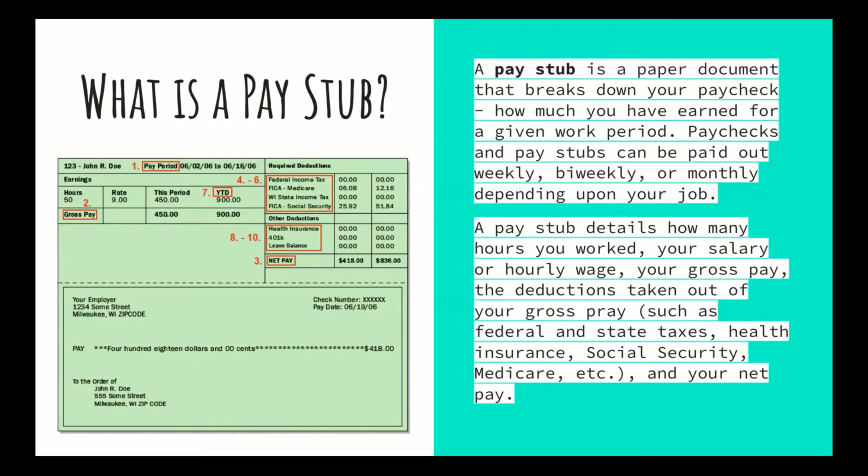Okay, so your net pay is basically what is shown on your actual paycheck, okay? What you would typically deposit into your bank account, unless you have direct deposit, in which case your pay stub is just a paper document for you to keep track of.